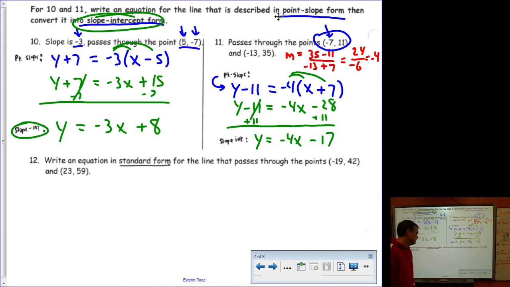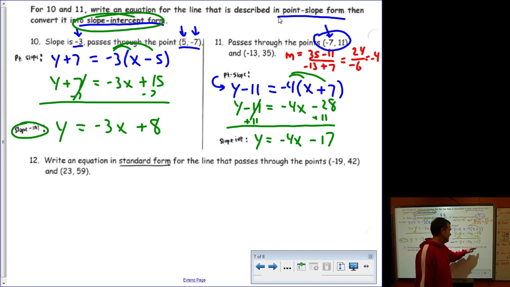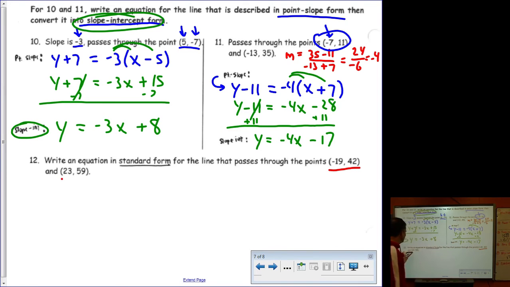Number 12. I am supposed to write an equation in standard form for a line that goes through this point and this point. All right, well, to write an equation in standard form, the first thing I have to do is write an equation either in slope-intercept form or point-slope form. And to do that, I need the slope.